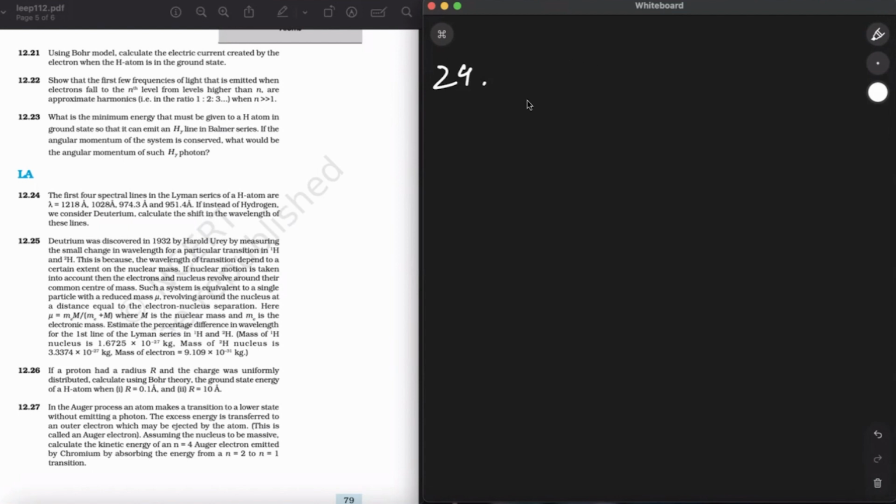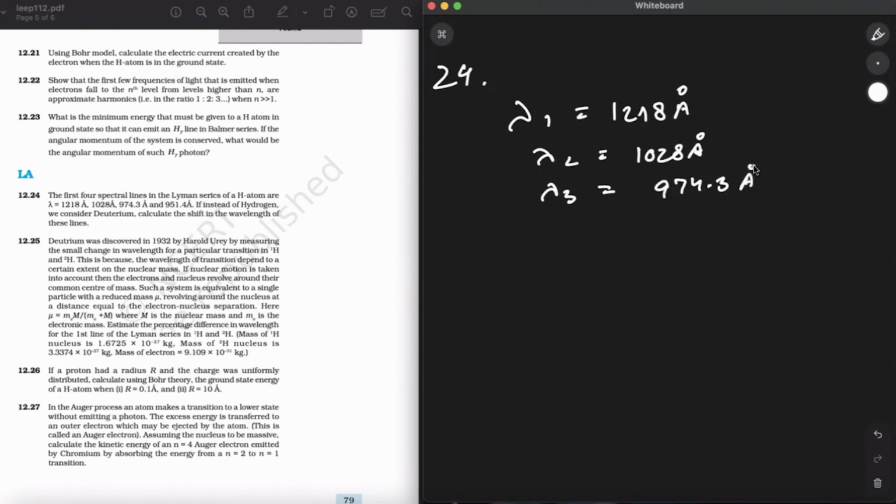So the first four spectral lines: lambda 1 will be 1218 angstrom, lambda 2 1028 angstrom, lambda 3 974.3 angstrom, and lambda 4 will be 951.4 angstrom.